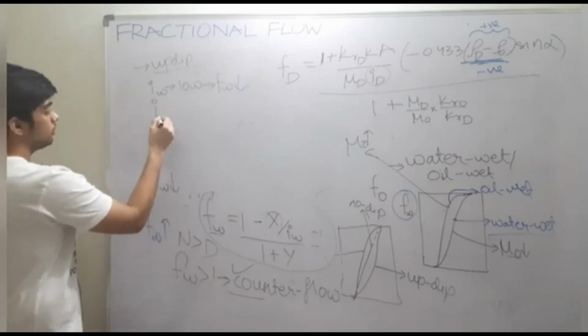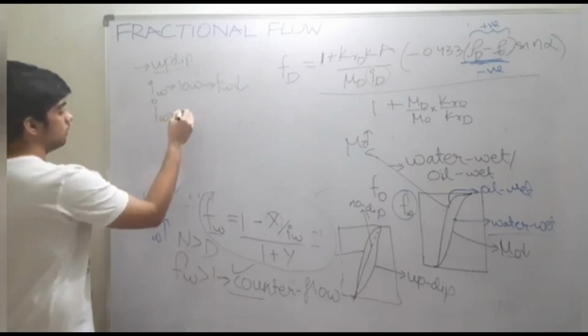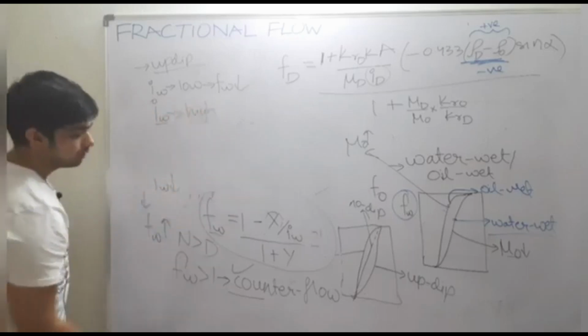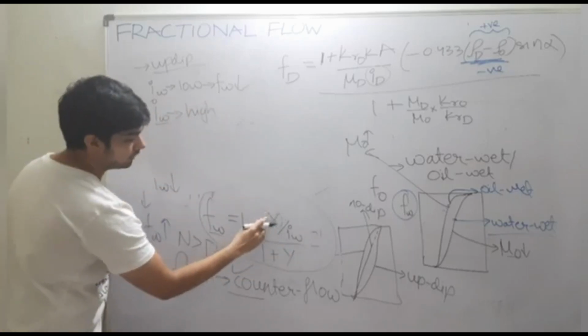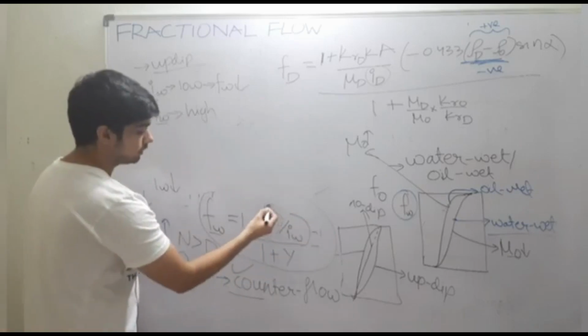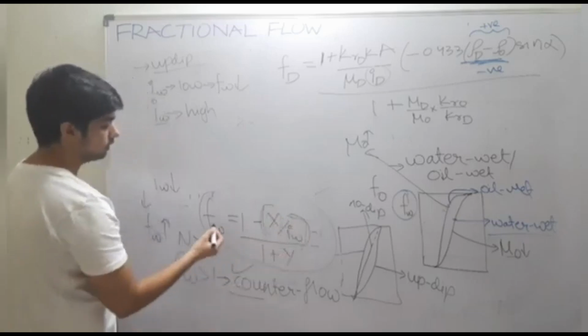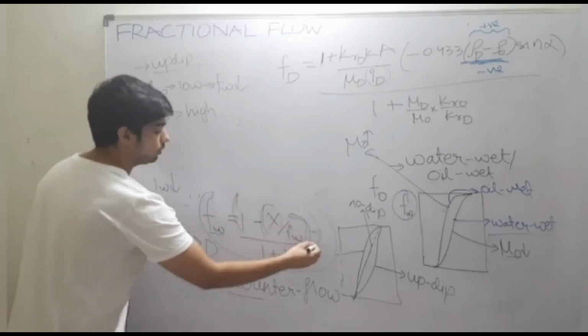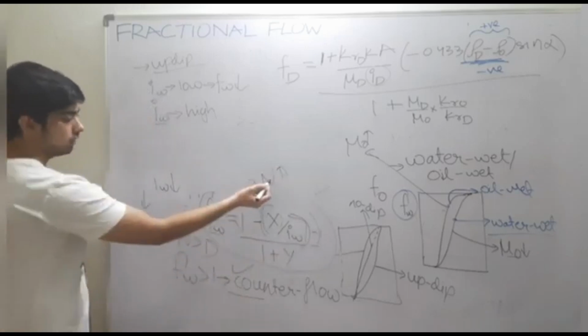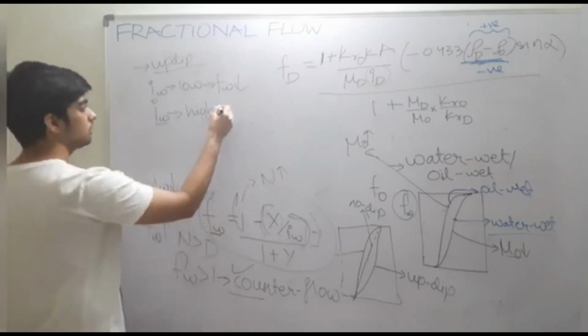Now in the situation where your Iw is high, then it will make this negative term smaller in magnitude, and if this negative term is smaller, then the numerator altogether will be comparatively larger, and if the numerator is greater, then Fw will increase.